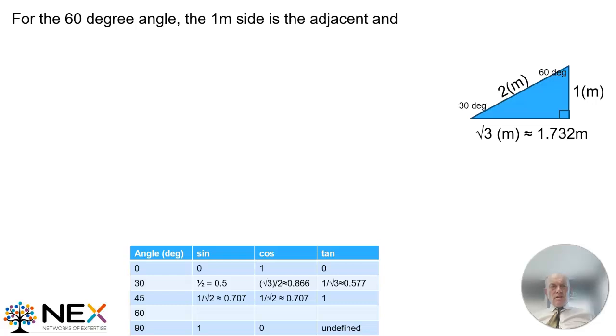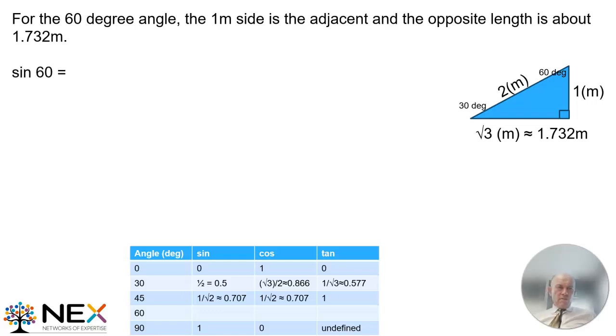That means that the 1 meter side is the adjacent, because the top right hand corner is the one we want, and the 1 is adjacent to it, the hypotenuse remains, and the opposite is now square root of 3. Sine of 60 is opposite over hypotenuse, root 3 over 2, perfect, leave it like that if you can. If not, move along to the decimals, which is around about that as before.